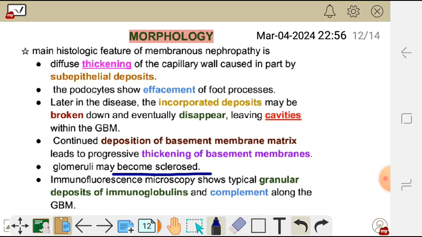Okay, it may harden due to those depositions. And now in the immunofluorescence microscope, what will be seen is the deposit of immunoglobulins. Since we have immunoglobulins there, using this microscope they will be observed. Okay, and also apart from immunoglobulins, we're going to observe the complement proteins along the glomerular basement membrane.